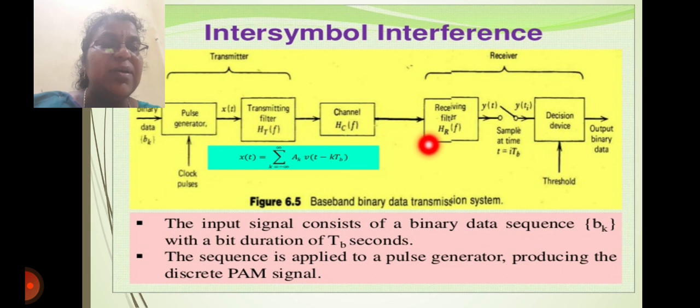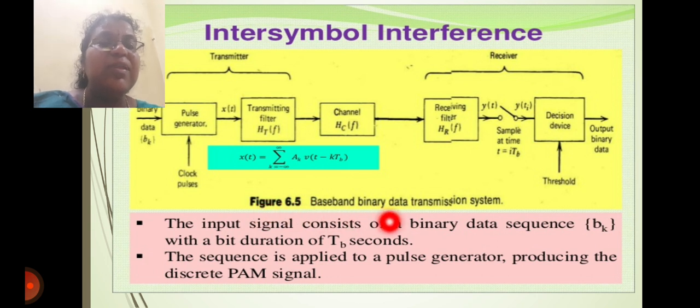Then at the receiver, the receiving filter has a transfer function of Hr of f, and the output y of t from the receiver filter is sampled at time t equals iTb. The sampled output is sent to a decision device where a decision is taken based on the threshold value, whether the output binary data is a 1 or 0.